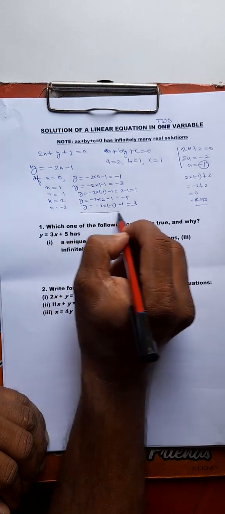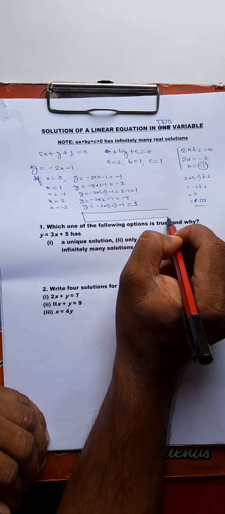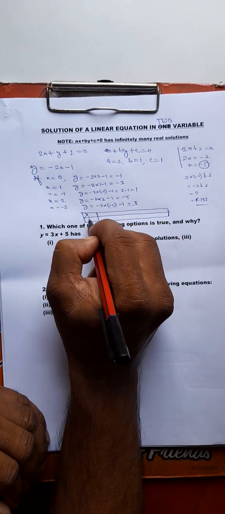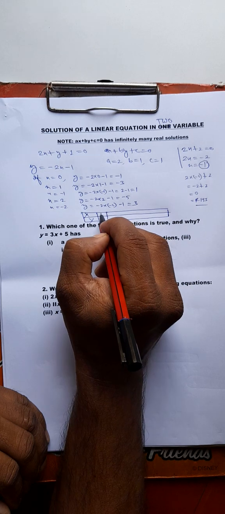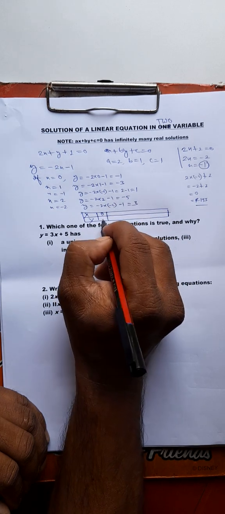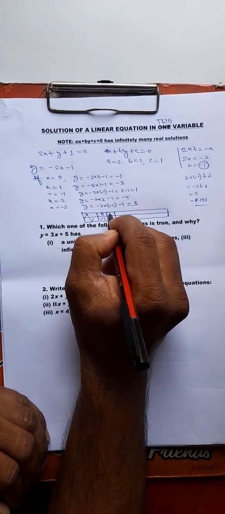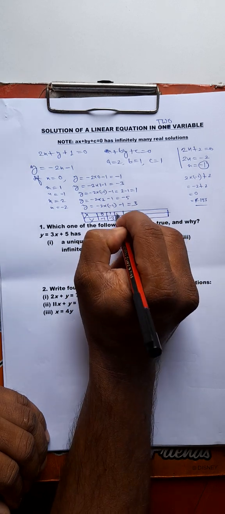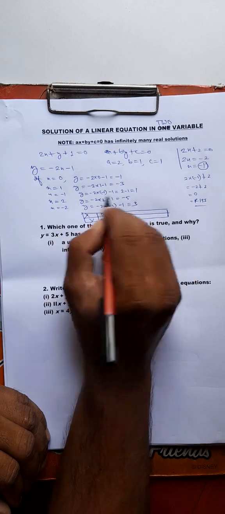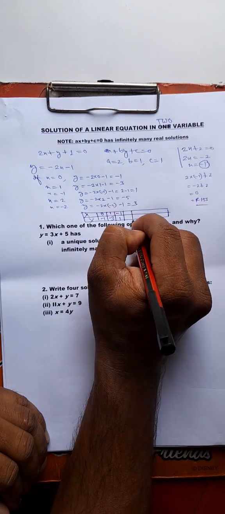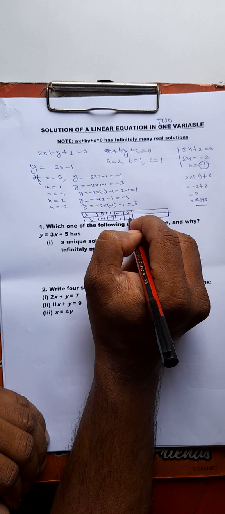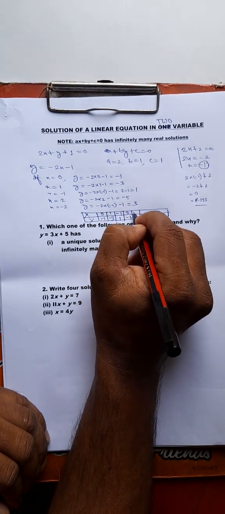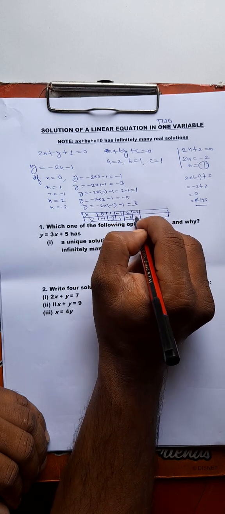If you make a table of these two variables x, y: when x equal to 0, y equal to minus 1; x equal to 1, y equal to minus 3; x equal to minus 1, y equal to 1; x equal to 2, y equal to minus 5; x equal to minus 2, y equal to 3.